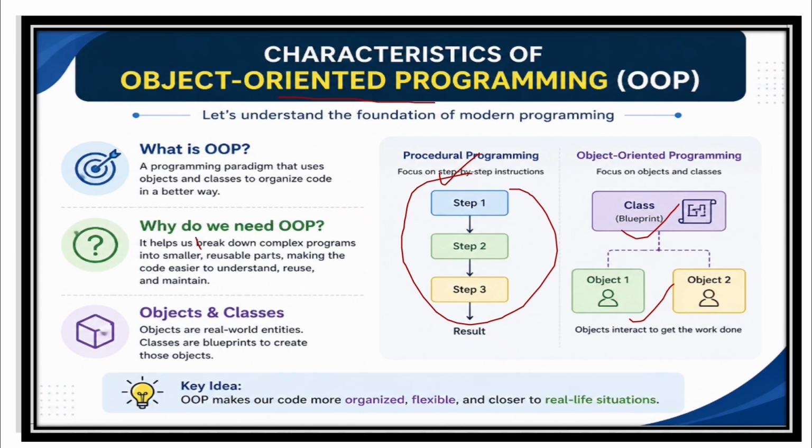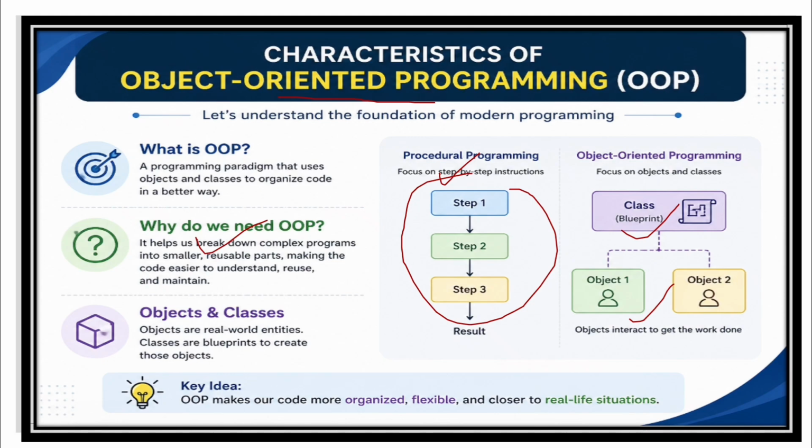That's why object oriented programming helps us to break this big program into smaller, reusable parts using objects and classes. This makes the code easier to understand. We can reuse it and also we can maintain it. That's one of the main reasons why object oriented programming is so widely used today.